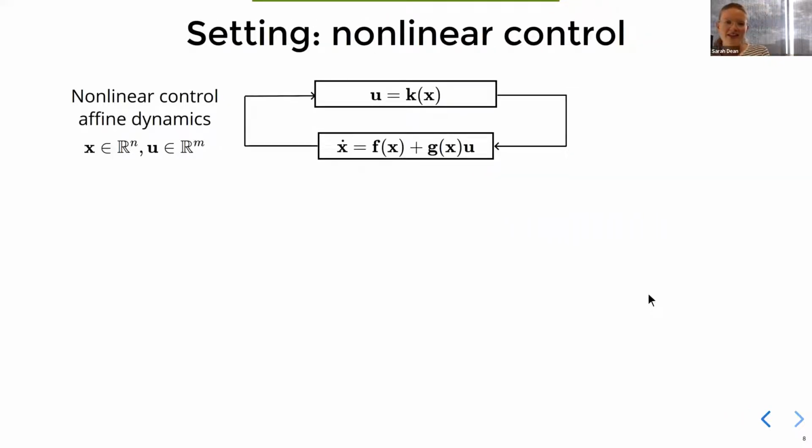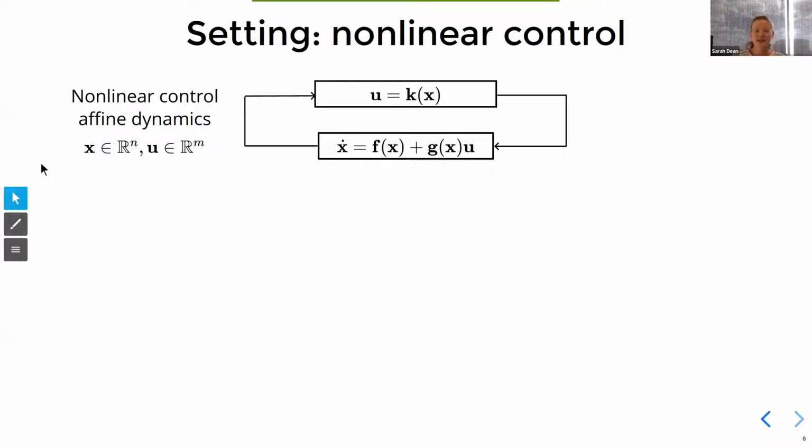Now, the setting that we're going to consider throughout this talk is a nonlinear control setting, where the dynamics are given by these nonlinear control affine dynamics, meaning that the functions f of x and g of x might not be linear in the state, but the derivative x dot, the dynamics of the system, are affine in the control input u.